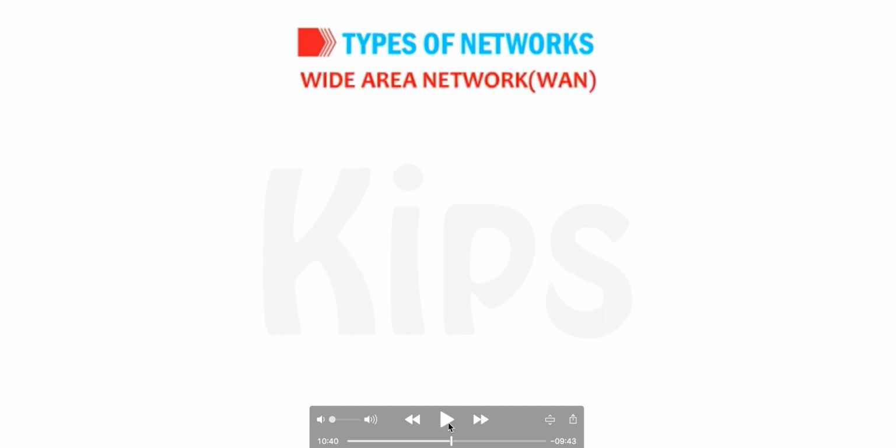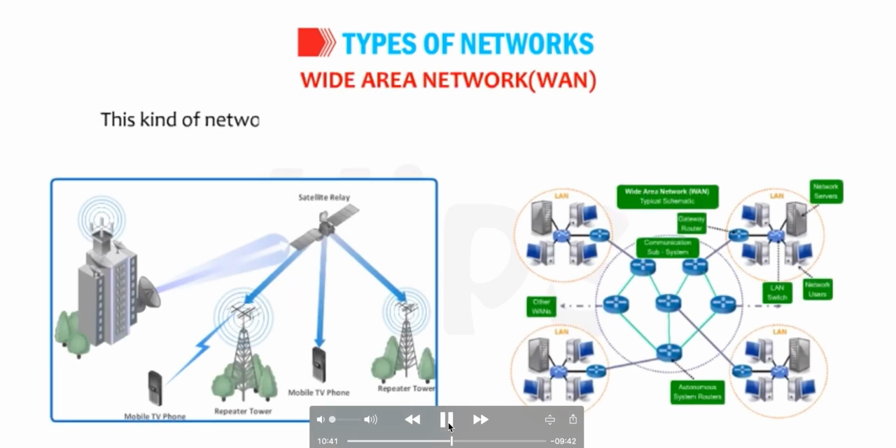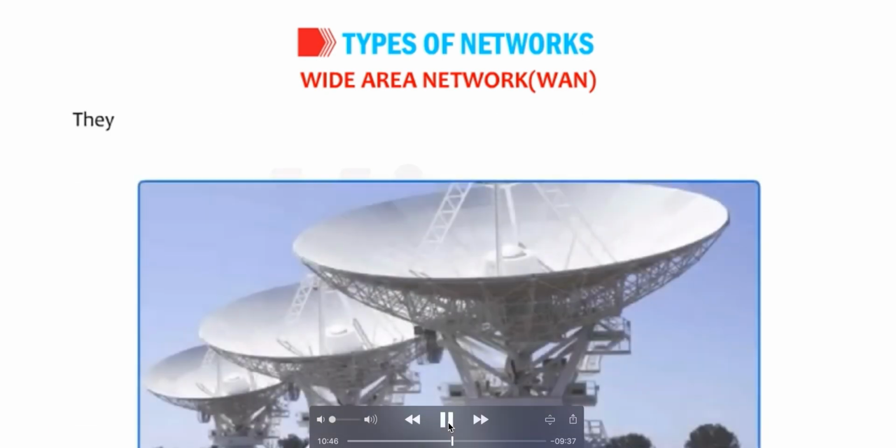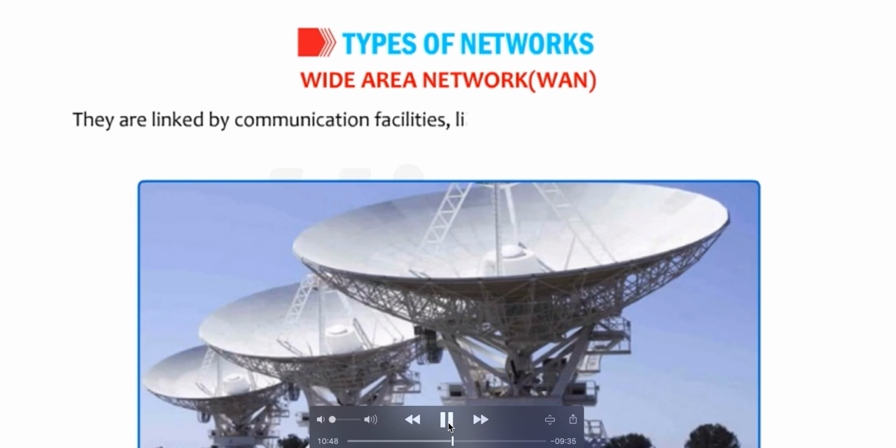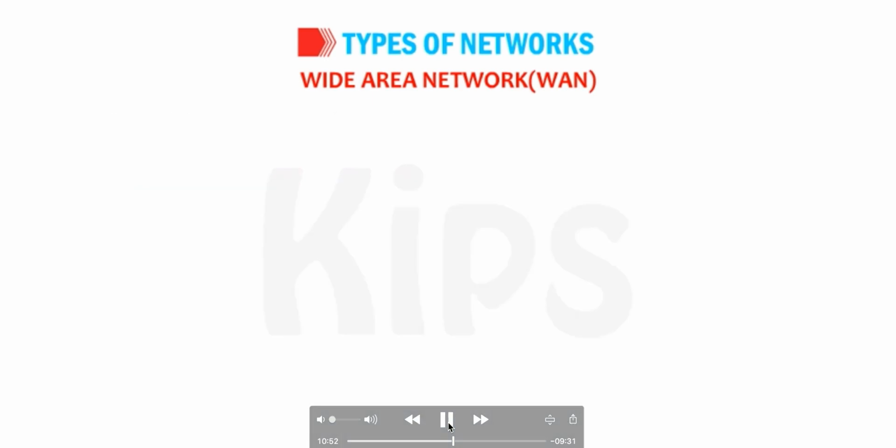A wide area network is the fourth type of network, and this kind of network connects two or more computers located at distinct places. They are linked by communication facilities like telephone communication and satellite signals.